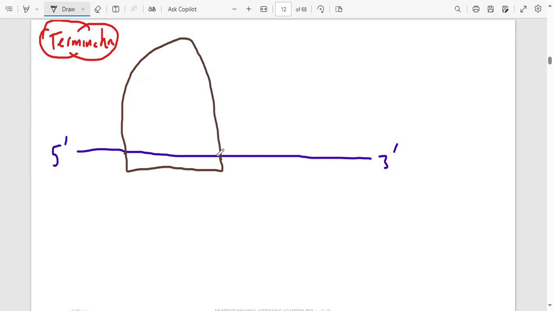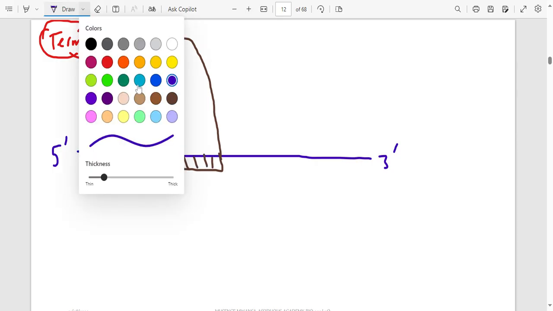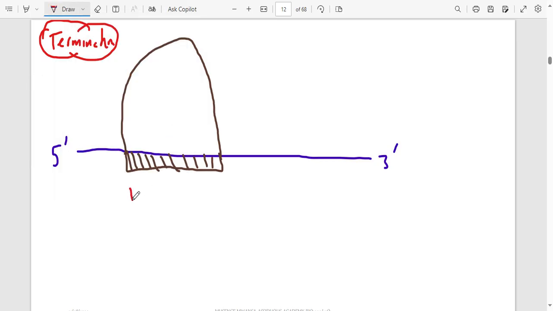Here is a large subunit. The only way termination is going to happen is if we read a stop codon in the A site. This is E, P, A, right? So if we see a stop codon in the A site, then termination happens.